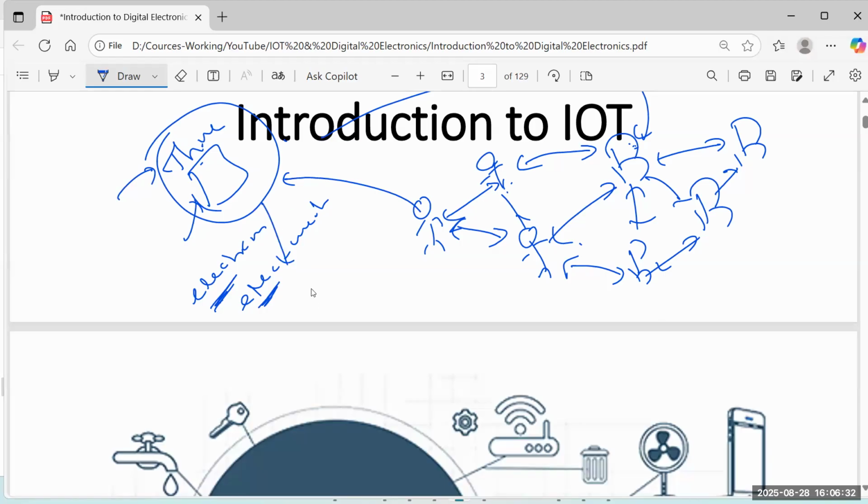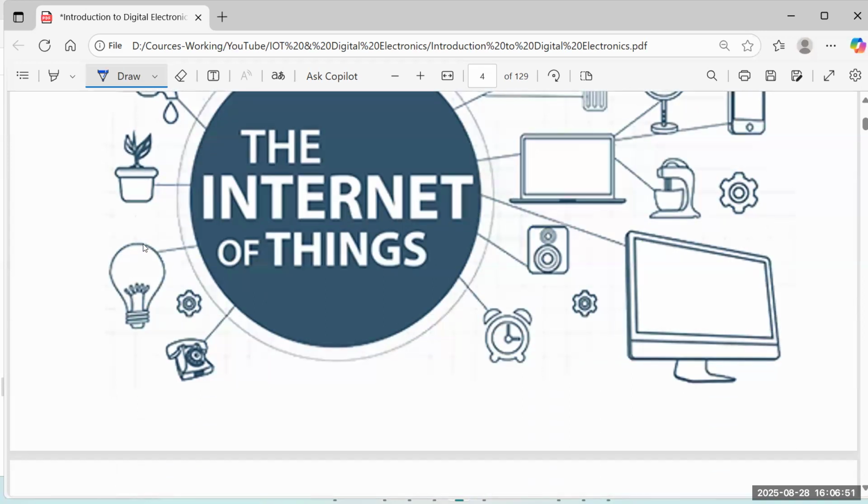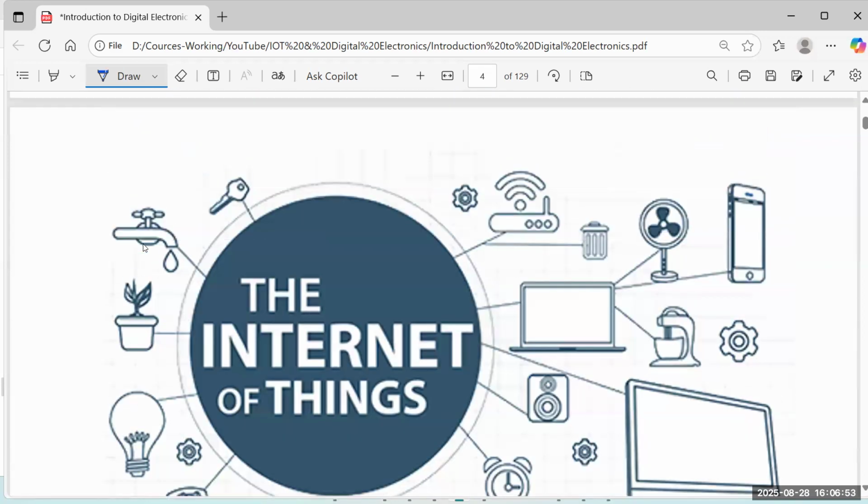And we can use the Internet also. So these devices are connected to the Internet, and when I say Internet, it can be the Internet or a local area network, wired, Wi-Fi, whatever the way. Then you call it Internet of Things. And of course, in the concept of Internet of Things, we can even combine computers as well because computers are also things.